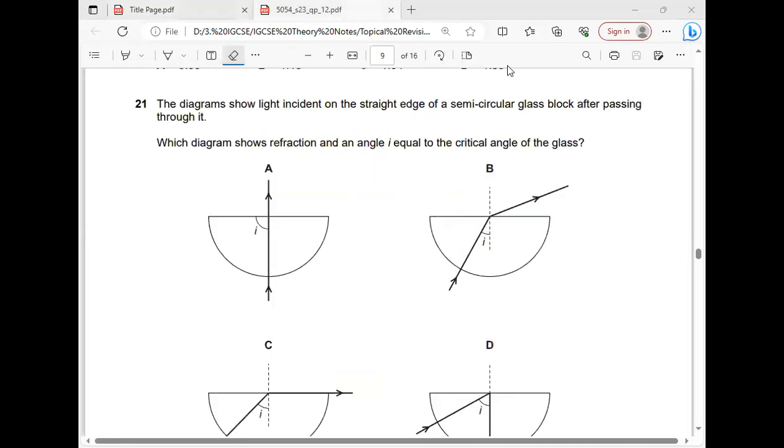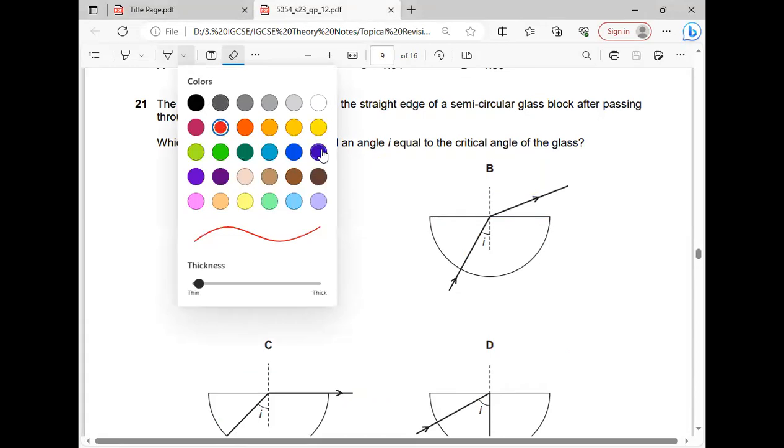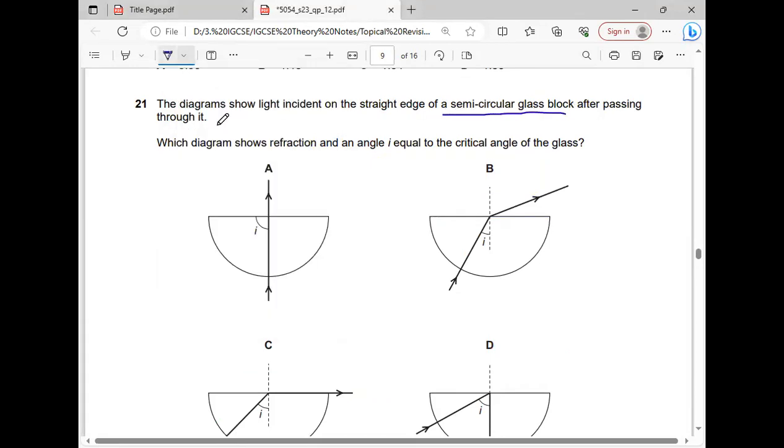MCQ number 21. The diagram shows light incident on the straight edge of a semicircular glass block. After passing through it, which diagram shows refraction and angle of incidence equal to the critical angle?